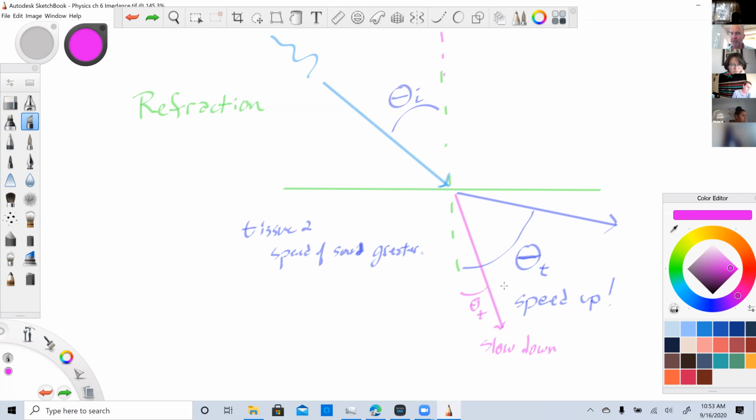Oh, by the way, so what's the refraction angle? Let's say the speed in tissue 2 is 25% greater than in tissue 1. Let's use red. I'm coming straight down like so, and that's my sound beam.